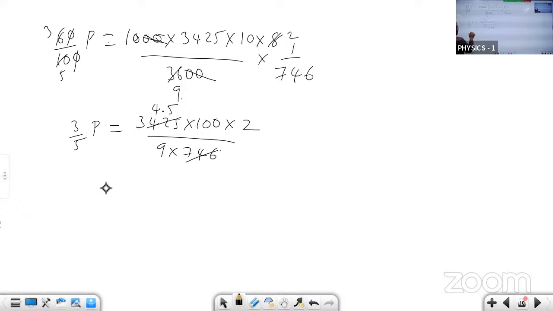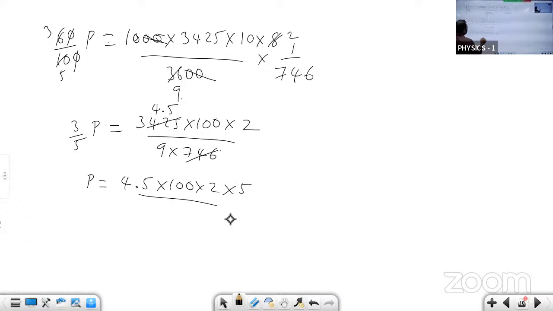So this one, take left. 4.5 into 100 into 2 into 5 by 27. 3 coming left, 9 into 3, 27. P, 4.5, 100 into 2, 200, this one 5.